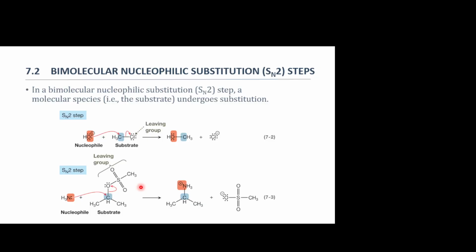If we have something that's a little different, this is going to have a very small dipole. But if we have something that is much more electronegative, like a chloride, this is going to be a much larger dipole.